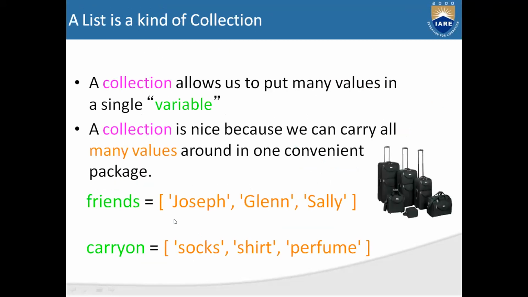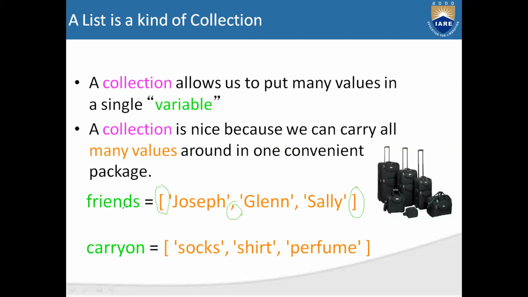You observe here, I have given a list of values, Joseph, Len, Sally, and this is arranged within square brackets. Please remember this. And also each element is separated by a comma.